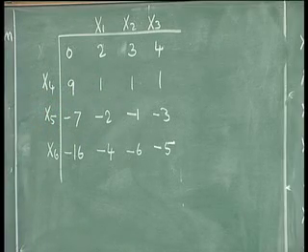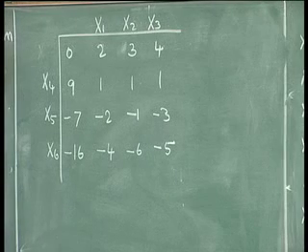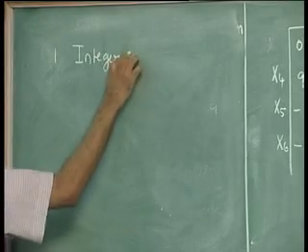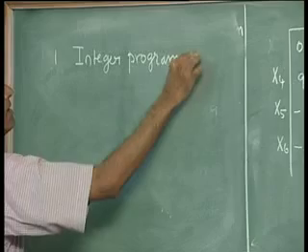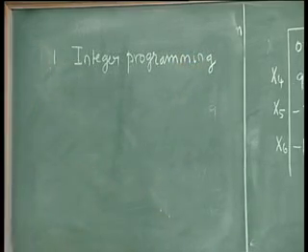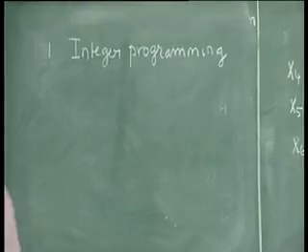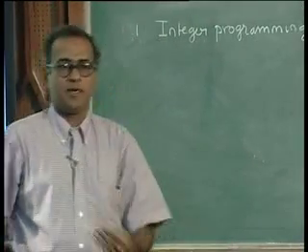So to quickly summarize what we have learnt in integer programming, we started with the reason to treat integer programming as a separate topic. We said that integer programming problems are those where the variables are restricted to be integers.